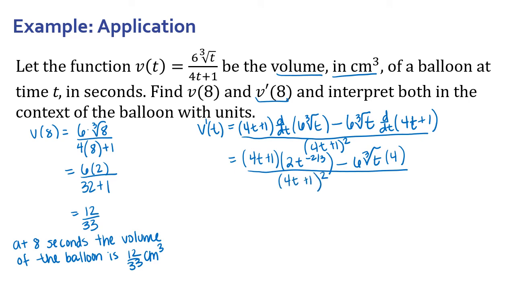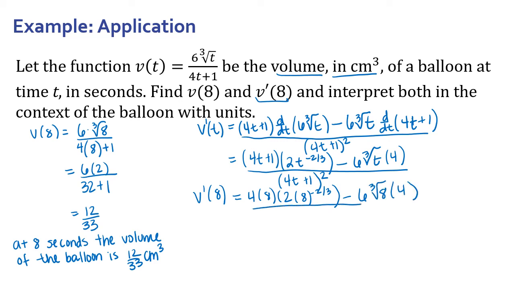Now I'm at a point where I can substitute in 8 for t. So the derivative at 8 seconds equals 4 times 8 times 2 times 8 to the negative 2/3 power minus 6 times the cube root of 8 times 4 all over 4 times 8 plus 1 quantity squared.